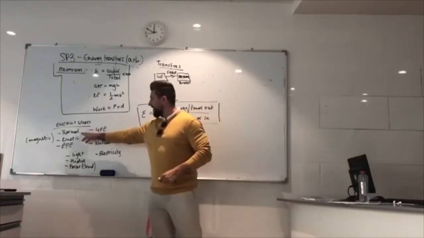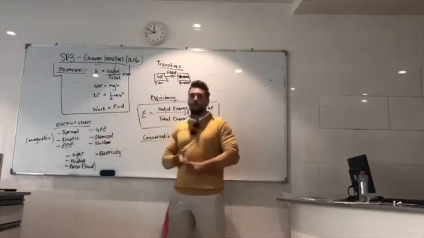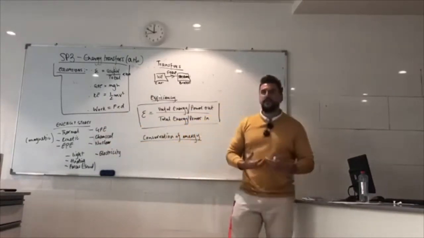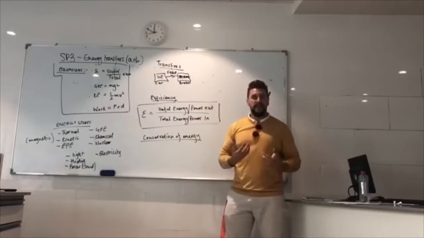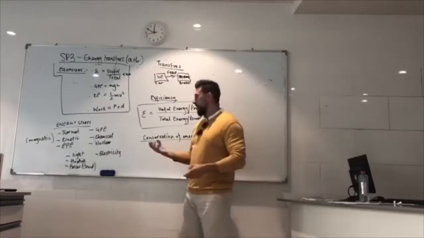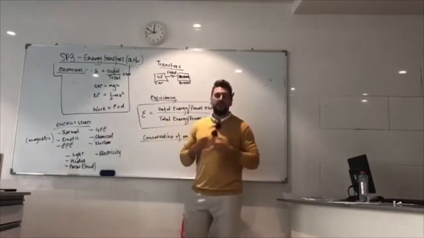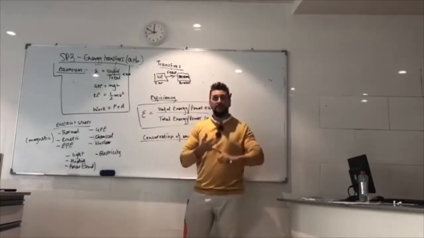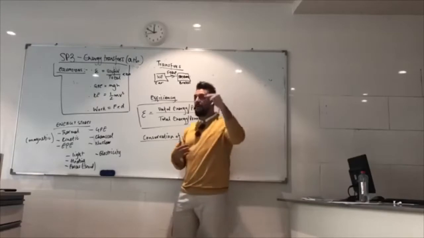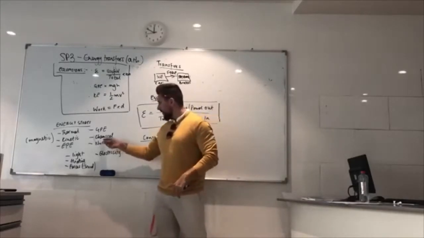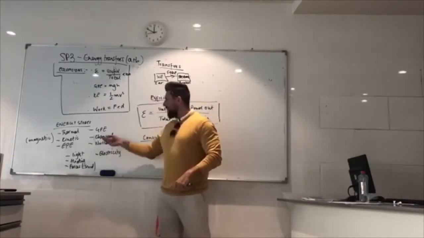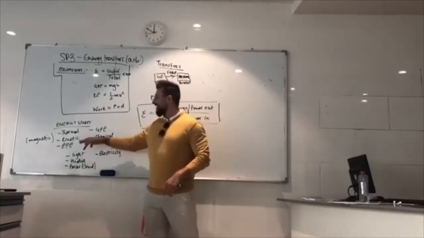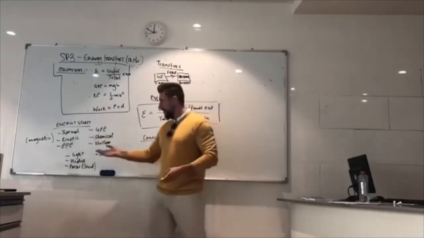Stores of different types of energy are thermal. We know thermal energy is heat energy. GPE is gravitational potential, which depends on the mass of the object, the gravitational field strength, and the height above the surface of the Earth. Chemical energy is stored in an object. Kinetic is the movement of an object.